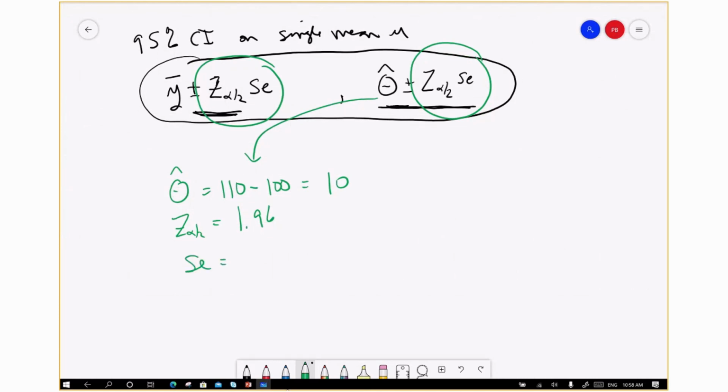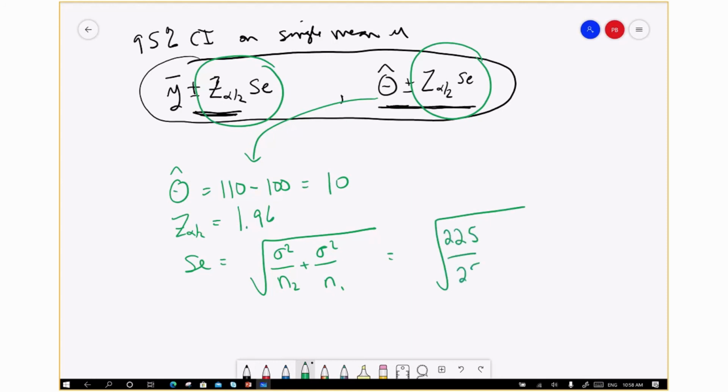As you recall, the standard error is going to be the square root of sigma squared over n2 plus sigma squared over n1, and that's going to be equal to the square root of 225 over 25 plus 225 over 9, and that all turns out to be 5.83.